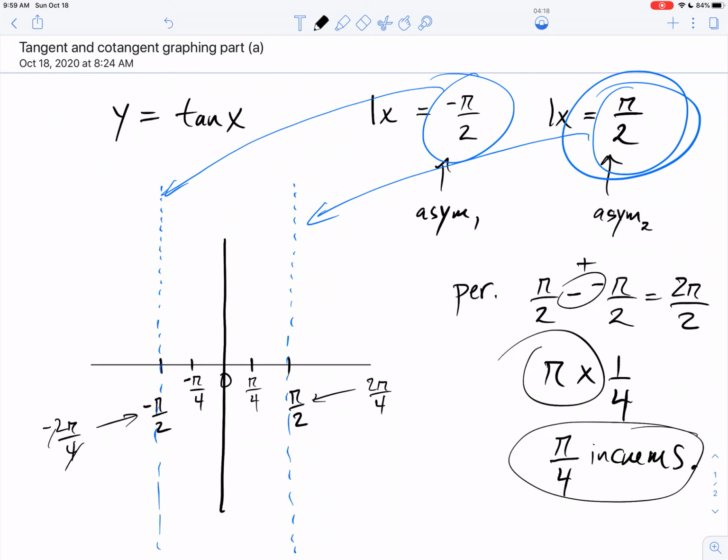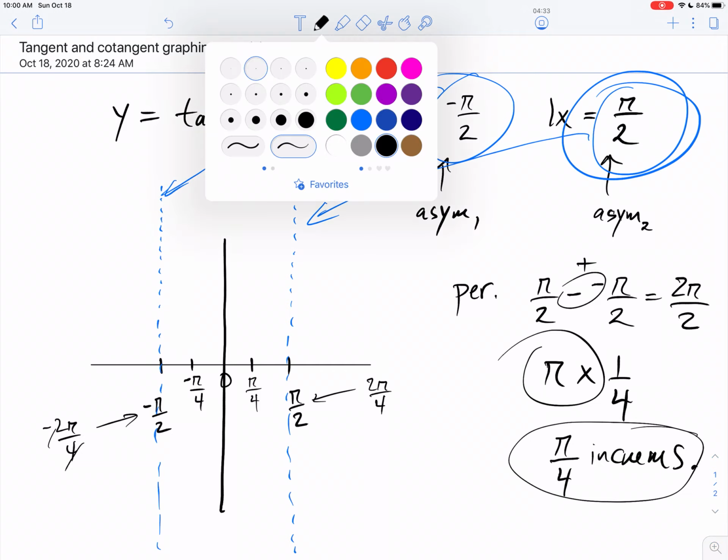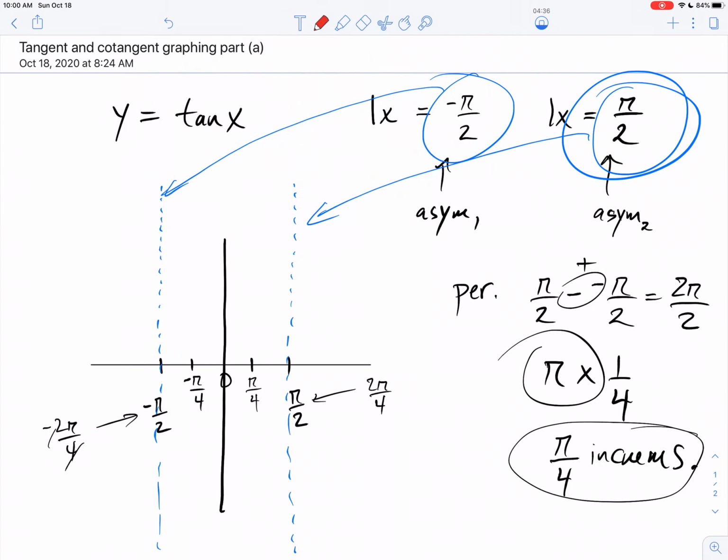Tangent will repeat infinitely, but it's not a wave function like sine and cosine. It's got asymptotes breaking it up down the number line. So here's what a standard tangent graph looks like. Let me draw it in red. I'm going to stick with my theme: my markings in black, my asymptotes blue, my graphs red.